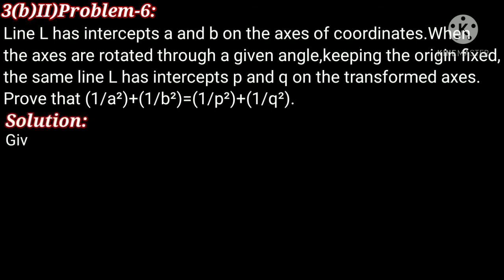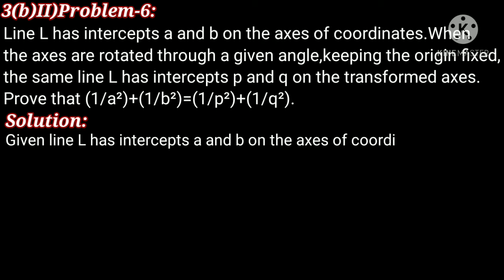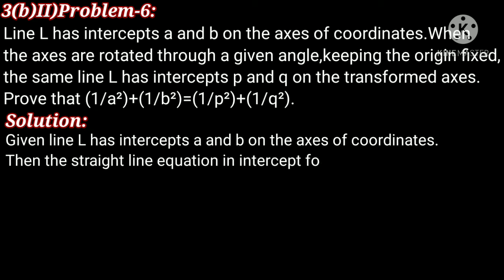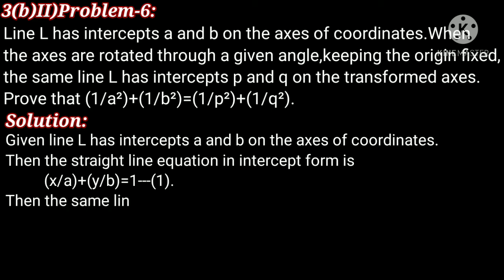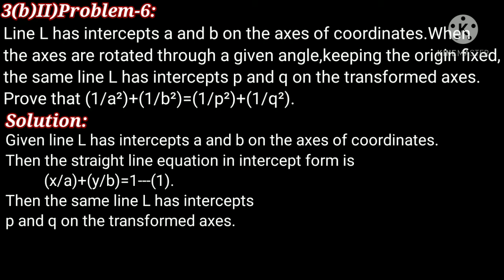Solution. Given line L has intercepts a and b on the axes of coordinates. Then the straight line equation in intercept form is x by a plus y by b equal to 1. This is equation number 1. And also given, when the axes are rotated through a given angle keeping the origin fixed, the same line L has intercepts p and q on the transformed axes.